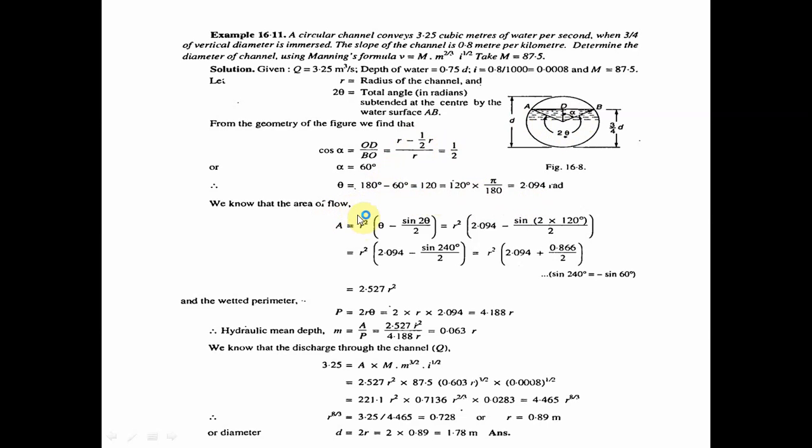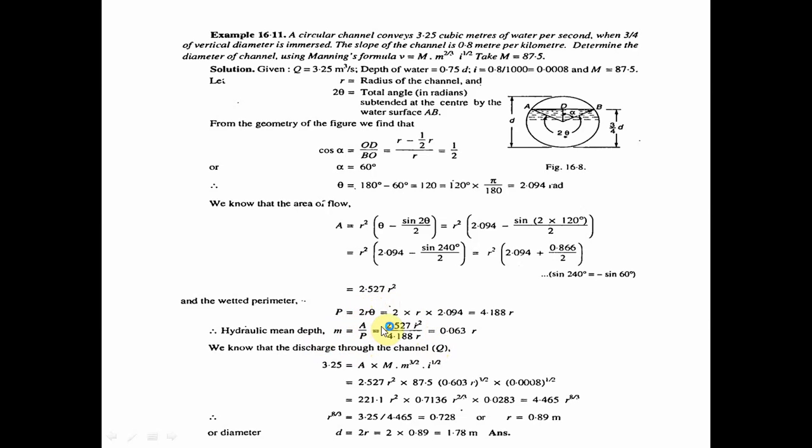We also know that the area of flow is equal to R square into (theta minus sine 2 theta upon 2), that is equal to R square into (2.094 minus sine 2 into 120 divided by 2). Therefore, R square into (2.094 minus sine 240 divided by 2), that is equal to R square into (2.094 plus 0.86 divided by 2). Sine 240 is equal to minus of sine 60. Therefore, A equal to 2.527 R square.